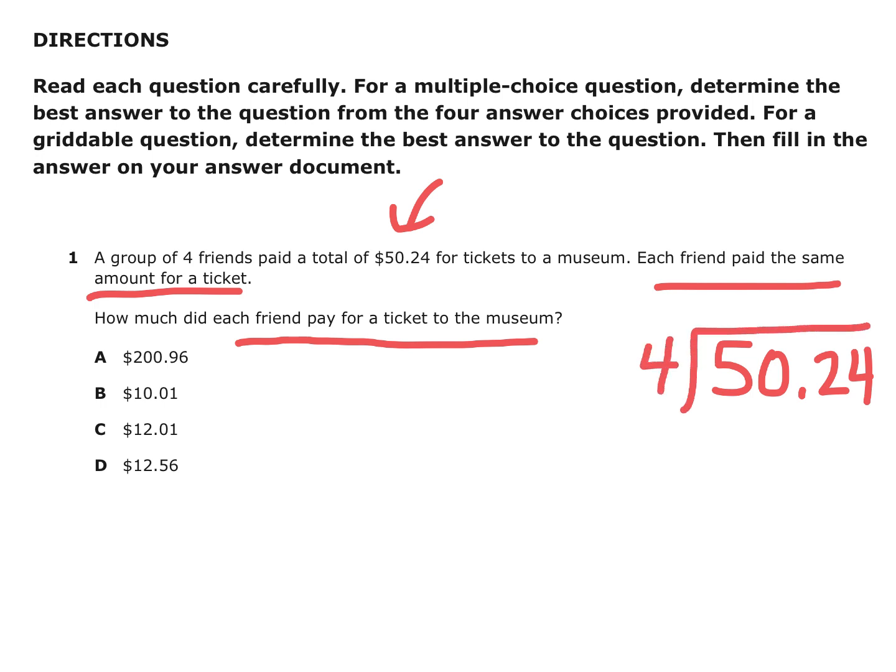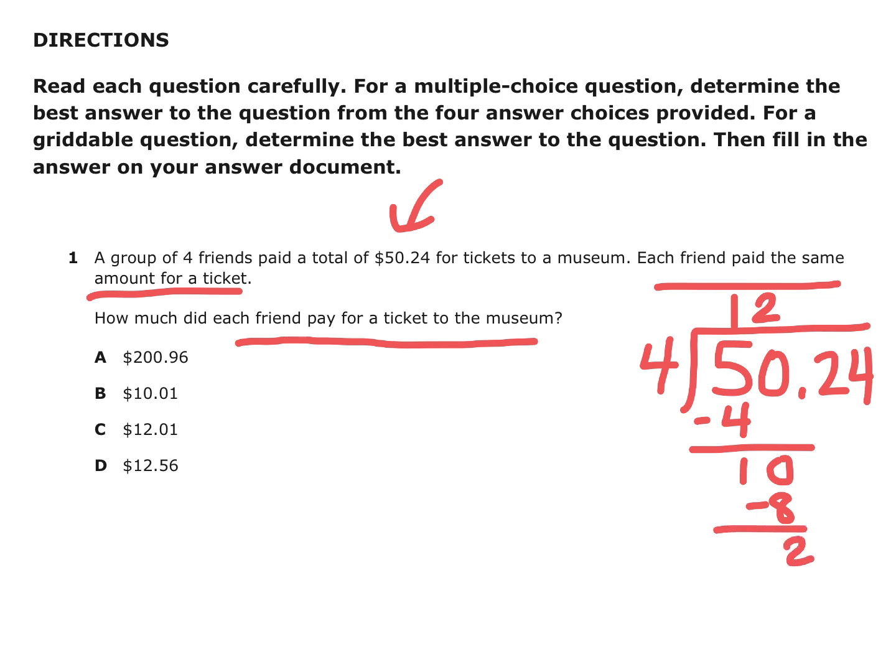This could be long division. 4 into 5 is 1. 1 times 4 is 4, and then we subtract. 5 minus 4 is 1. Bring down the 0. 4 into 10 goes 2 times. 2 times 4 is 8, and then we subtract 8 from 10.